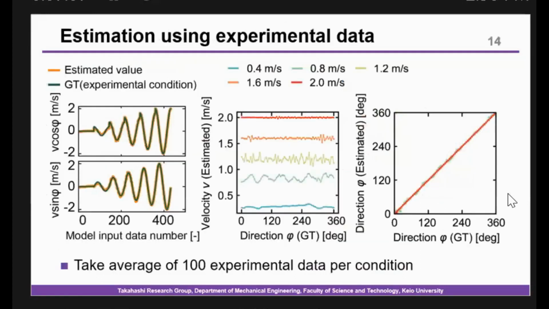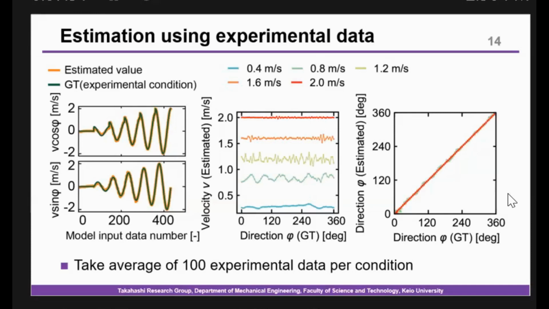We took the average of 100 data points per condition, then conducted regression model construction and estimation. The experimental conditions are referred to as the ground truth. This graph illustrates the fitting of the estimated value to the ground truth.